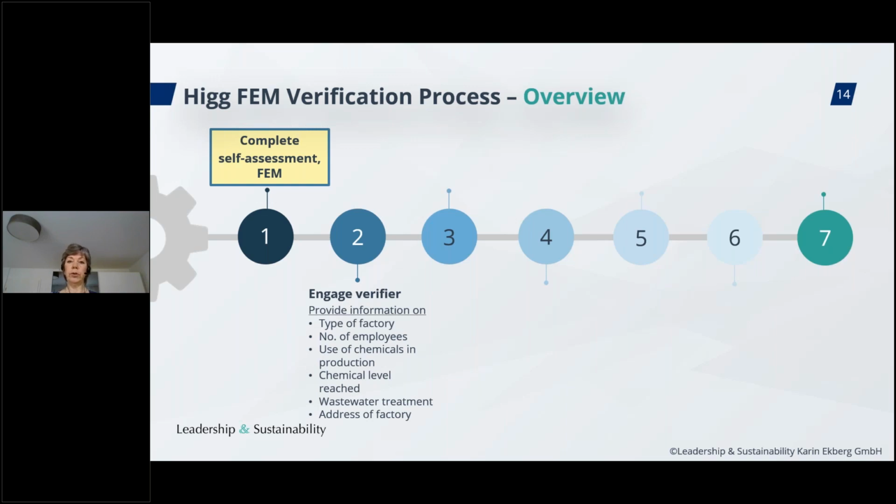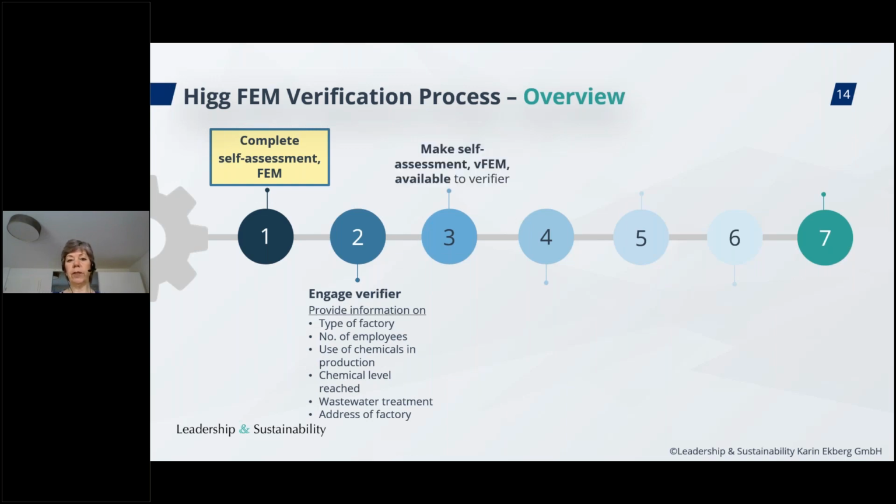What is also important is that they need to know for the chemical section at which level you are at, and if you are using chemicals in your production process. Because if you use chemicals in your production process and are at levels 2 and 3, then you need a chemical specialist verifier to verify your module.